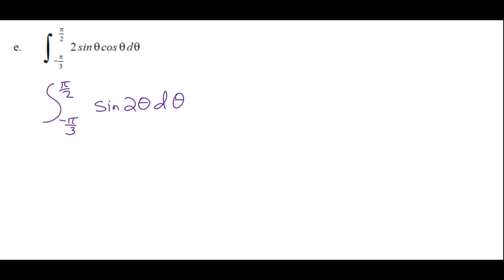And what do we get for an integral then? Or an antiderivative? Okay, so cos 2 theta. What's the derivative of cosine? Negative sine. So we're going to need a negative 1/2, right? So this will be negative 1/2 cos 2 theta.